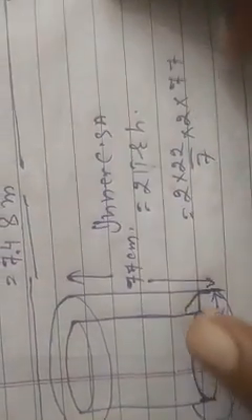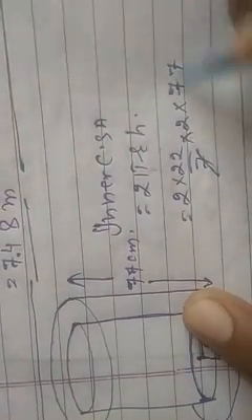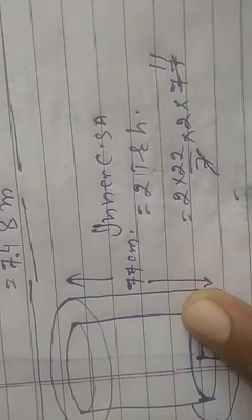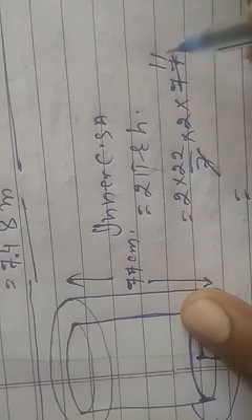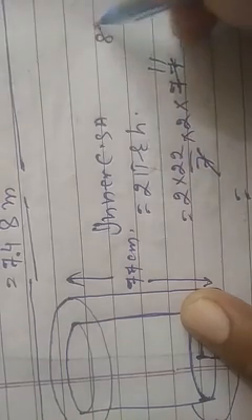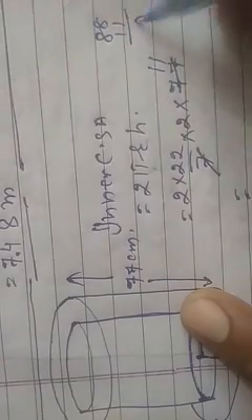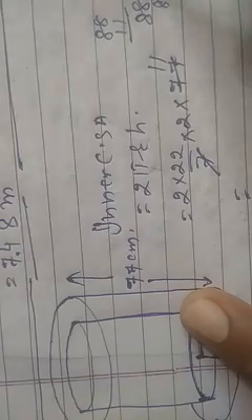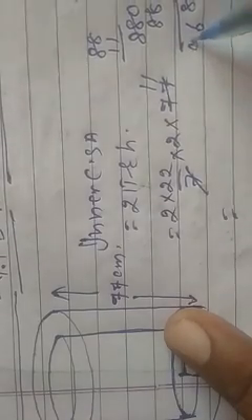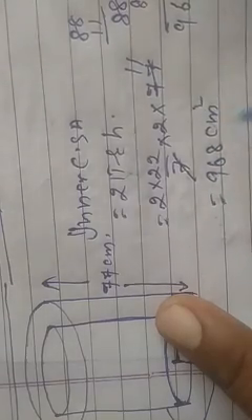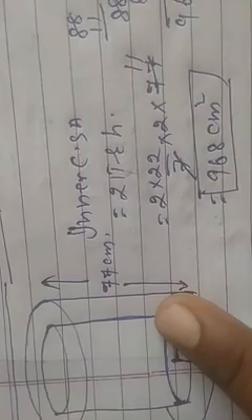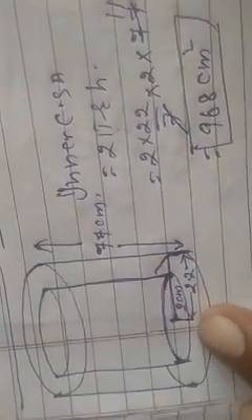So calculate this, 11 times. Then this will be 22 twos are 44, 44 twos are 88, 88 into 11, 880 and 88, so 968 centimeter square.